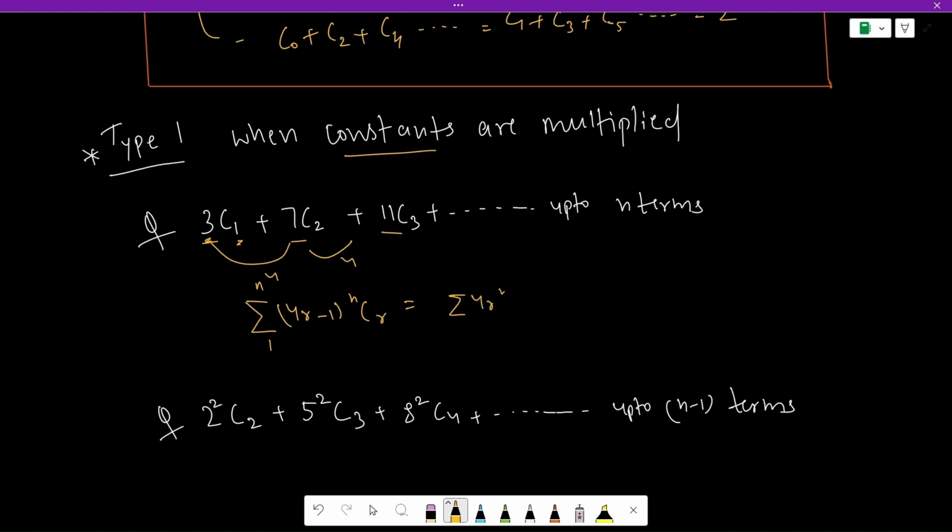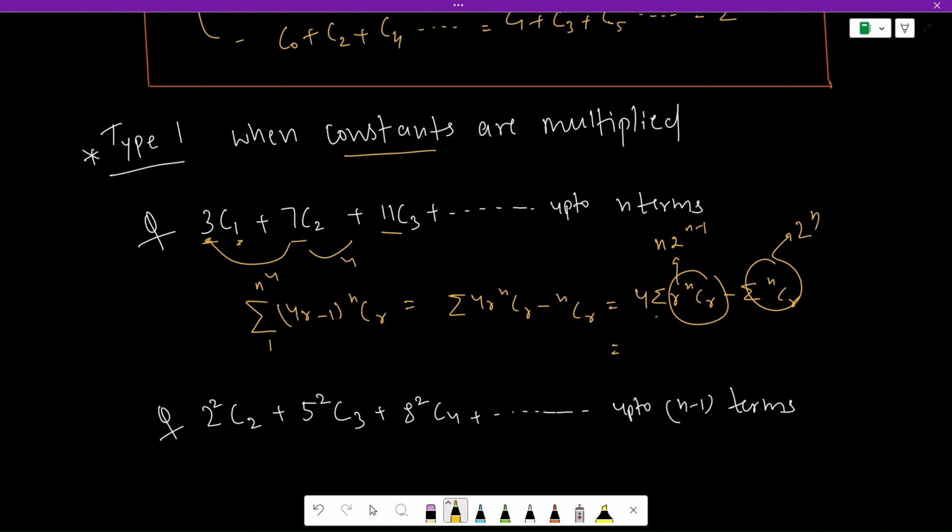Summation 4r nCr minus nCr is equal to 4 summation r nCr minus summation nCr. Now this is the result, n into 2 to the power n minus 1, and this is 2 to the power n.